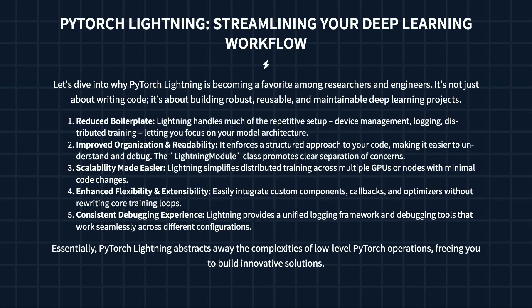Plus, Lightning helps keep your code organized and readable, which makes it much easier to find and fix problems. And if you want to train your model across multiple GPUs or computers, Lightning makes the process a lot simpler too. It's all about making deep learning accessible and efficient for everyone.